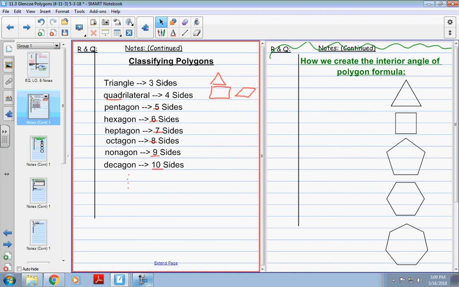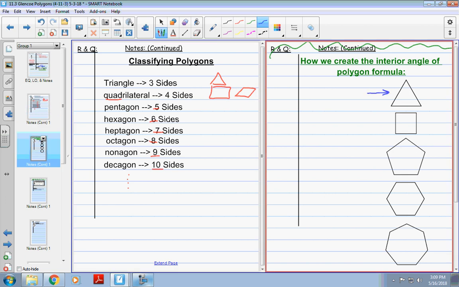Excellent. So as you checked your 11.2 note, you likely learned that the interior angles of a triangle add up to 180 degrees. And what we're going to try and do here is show a comparison of interior angles, which I'm going to abbreviate IA, and number of sides, and we're going to use a letter, N. So the N stands for number of sides.